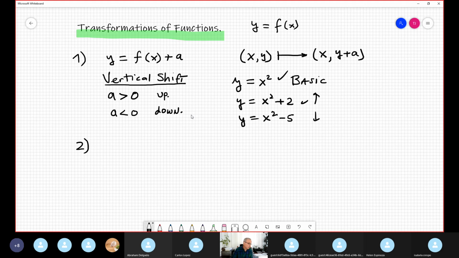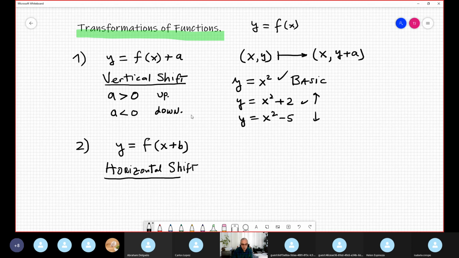The second one is y equal, I introduce the number, but not outside the parenthesis, inside the parenthesis, f(x plus b). And this is horizontal shift. Similar idea, but why horizontal?